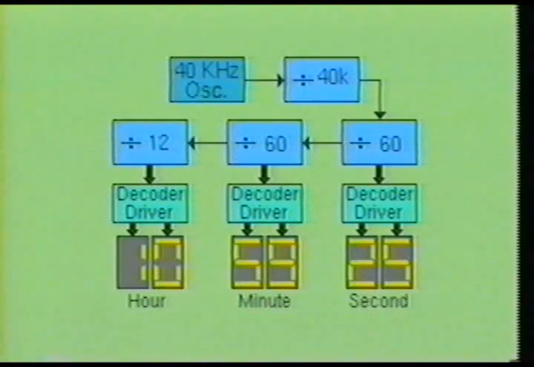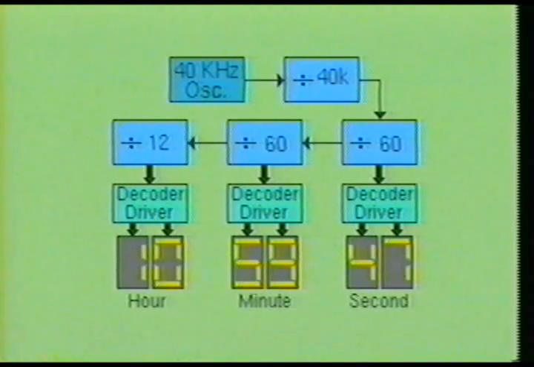The 1-second pulses are then fed into a divide by 60 programmable counter. This counter has 2 outputs, one of which is used to drive a binary to 7 segment decoder driver circuit, which further drives a 7-segment display. This part of the system is used to show the seconds on the clock. The other output is fed into another divide by 60 programmable counter circuit.